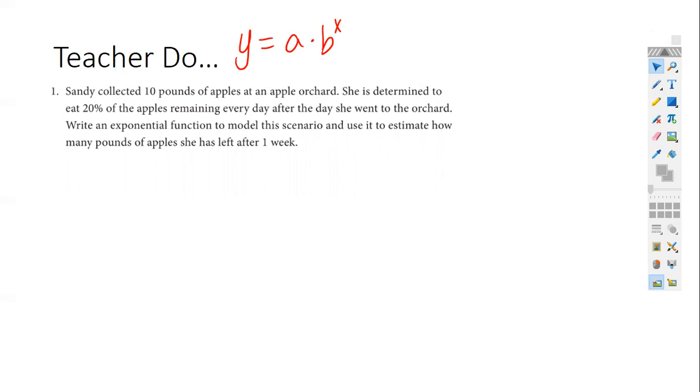When you're an exponential model, your a represents your initial value. So your a is your initial value. Your b is what we call our growth factor. So your b is your growth factor.